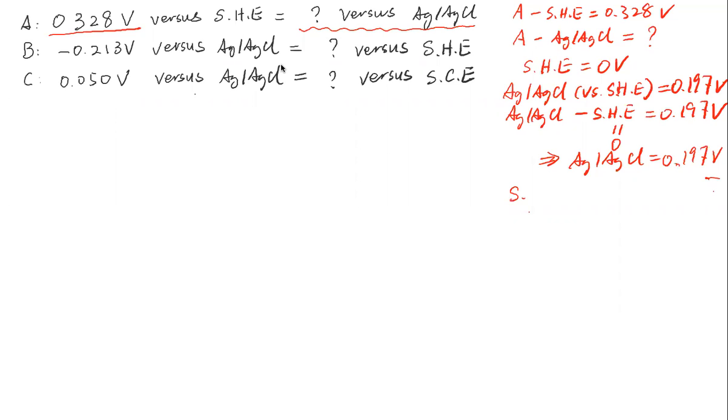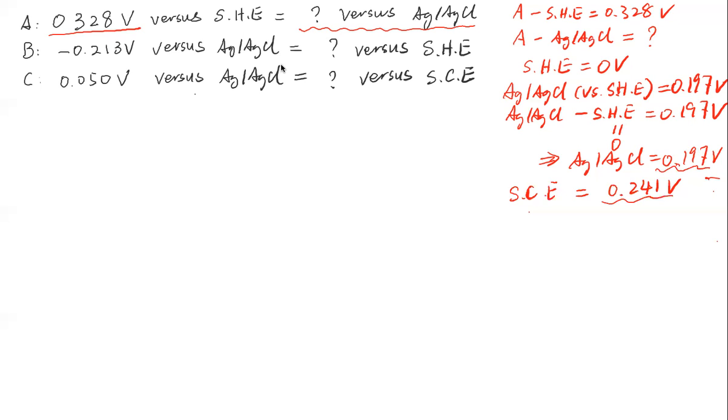So SCE can be defined as 0.241 volts. Here we're using two absolute values, but keep in mind those absolute values are using SHE as the reference because SHE is 0. So you just assume that silver chloride equals 0.197 and SCE equals 0.241 volt.